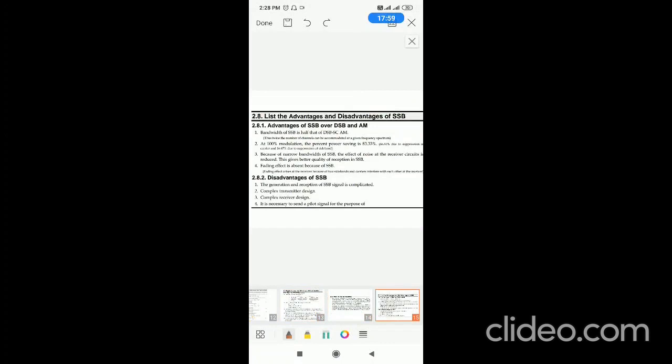Advantages: bandwidth. We got one more advantage in single sideband: bandwidth becomes half. Whereas in double sideband suppressed carrier, there is no change in the bandwidth, because the highest frequency is Fc plus Fm and the lowest frequency is Fc minus Fm.